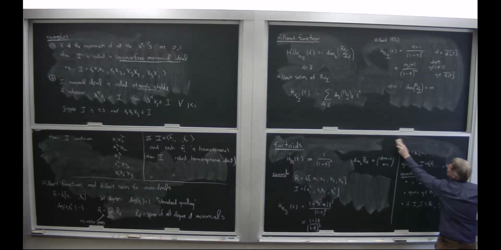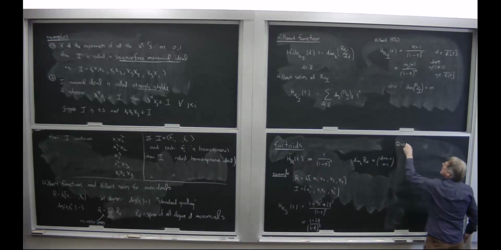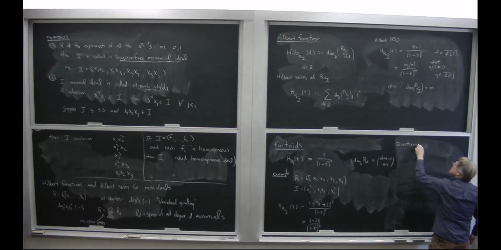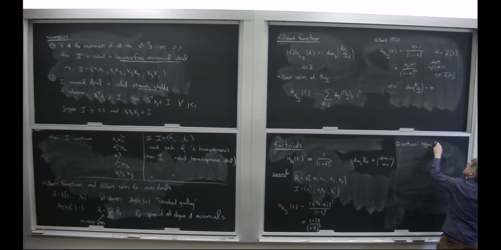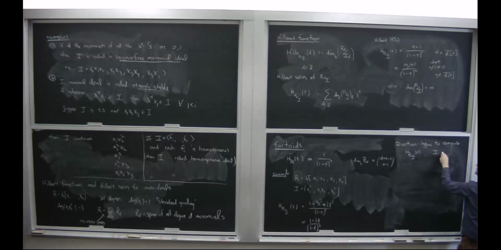So now there is the question of how do you do this? So question, how to compute H of R mod I of t for I a monomial ideal. Okay.